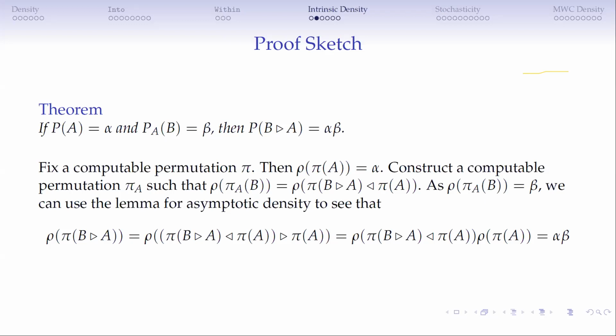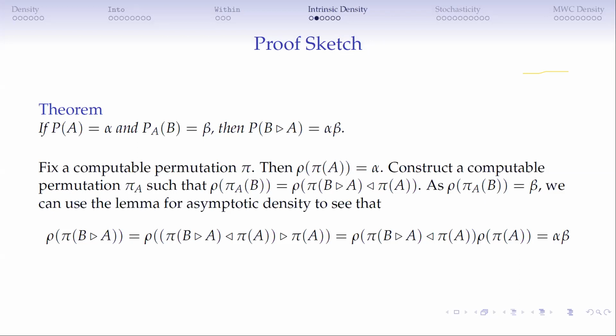We have some computable permutation pi, and we want to show that pi of B into A has density alpha beta. Well, we know that pi of A has density alpha. So if we can show that pi of B into A within pi of A has density beta, we can apply our result about asymptotic density and we'll be done because it will multiply the asymptotic densities.